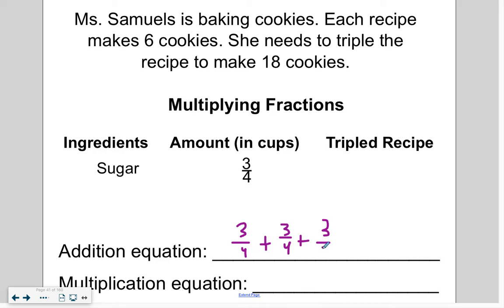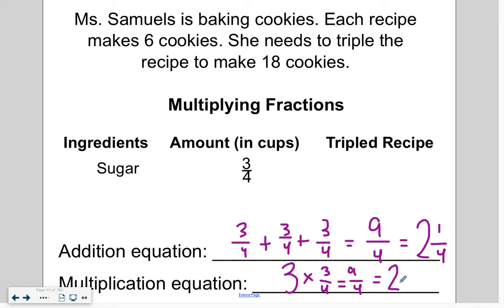And that would give me 9/4. 4 goes into 9 two times with 1/4 left over. Or instead of doing addition, we can multiply. 3 times 3/4 equals 9/4, which equals 2 1/4.